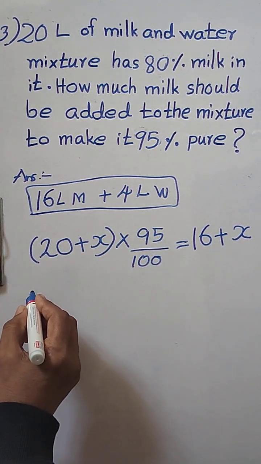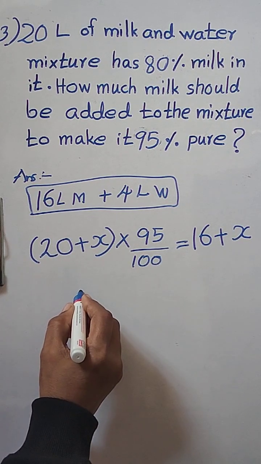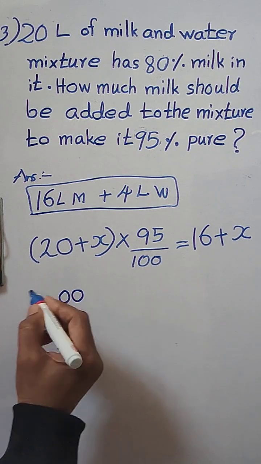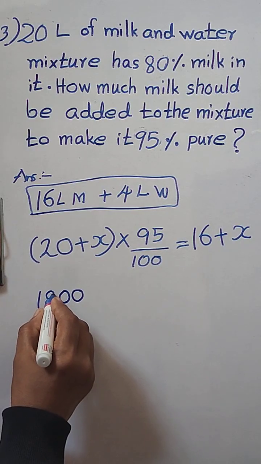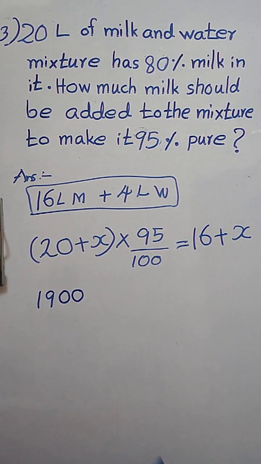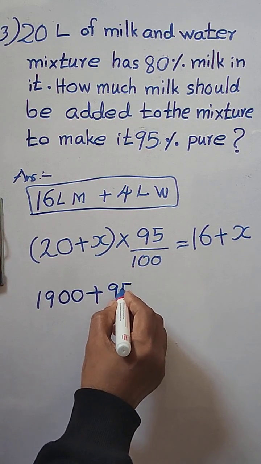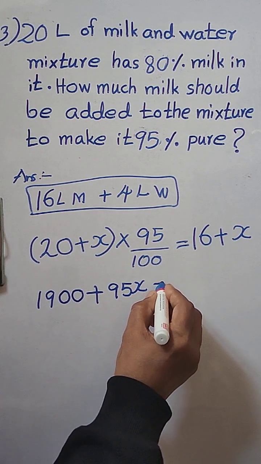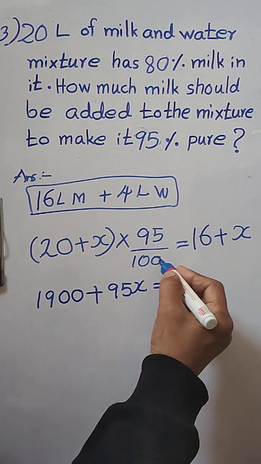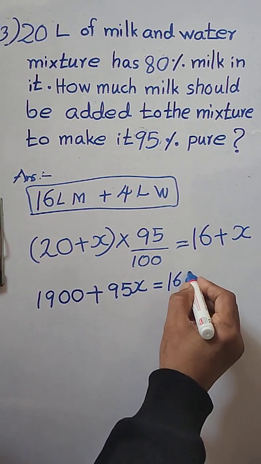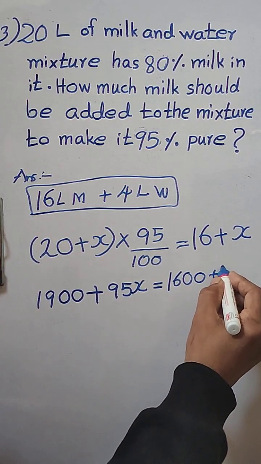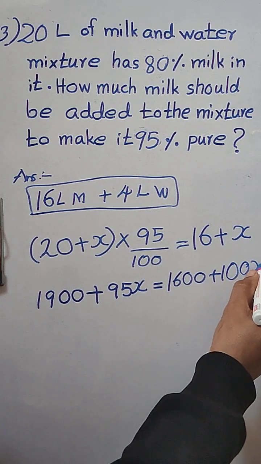20 into 95 is 1900, plus 95x, is equal to 16 into 100 is 1600, plus 100x.